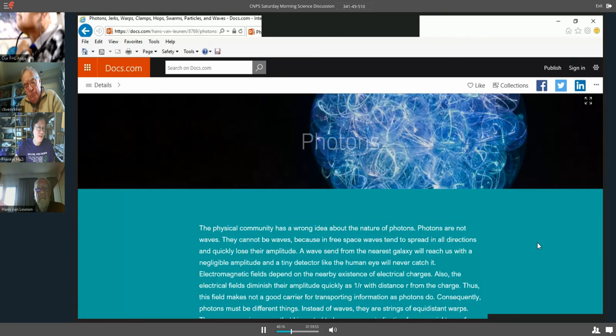Yeah, but we know about that. But I think Hans' point is that the photon emitted by the laser doesn't actually decrease in intensity when it hits its target, which is a very unwave-like property.